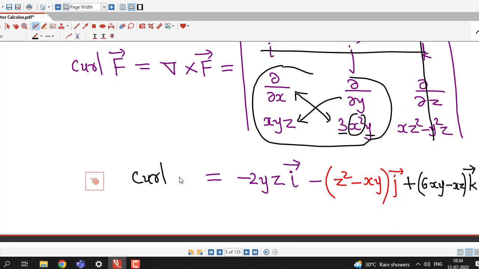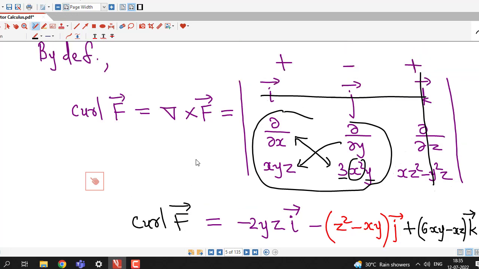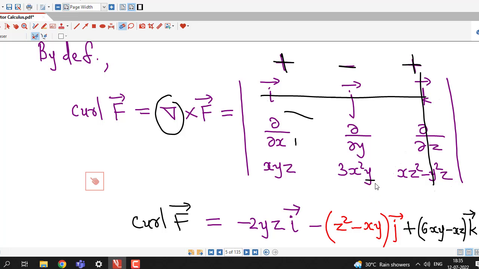So you can see it is easy to find the curl of a vector field. You just have to find the vector product of del operator with f bar, and here you must know how to evaluate determinant of order 3. Let me recall again.